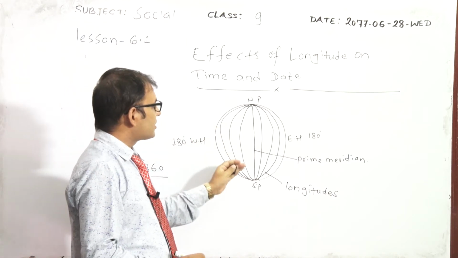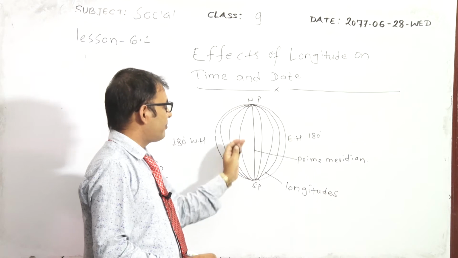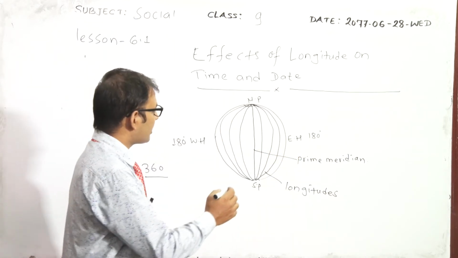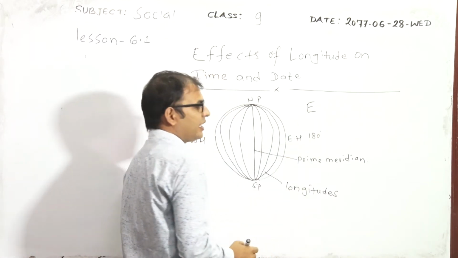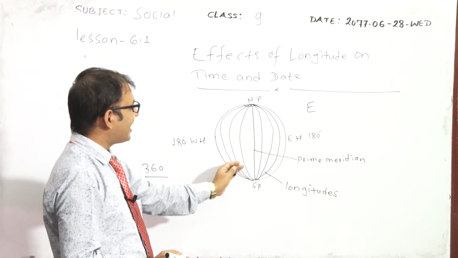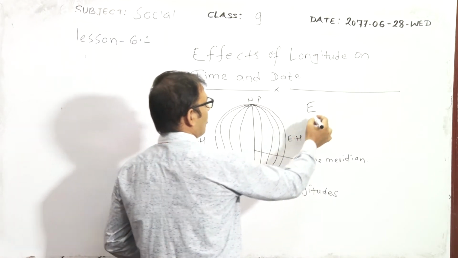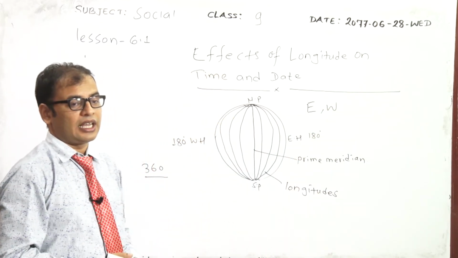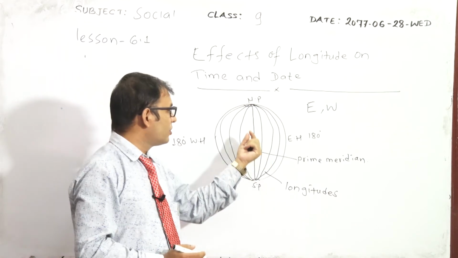As per its angles, if it makes the angle in the eastern hemisphere, it will carry the notation E, and if it makes the angular distance in the western hemisphere, it will carry the notation W. You have to know this, and I have already told you in the introduction part.